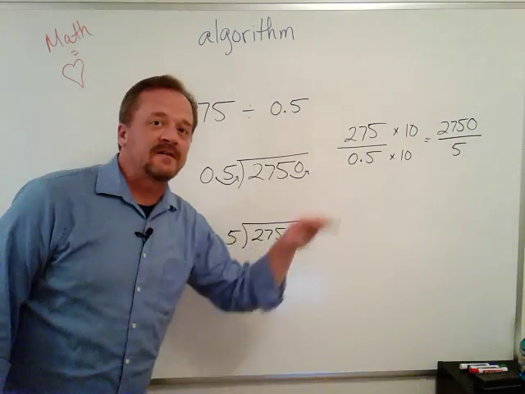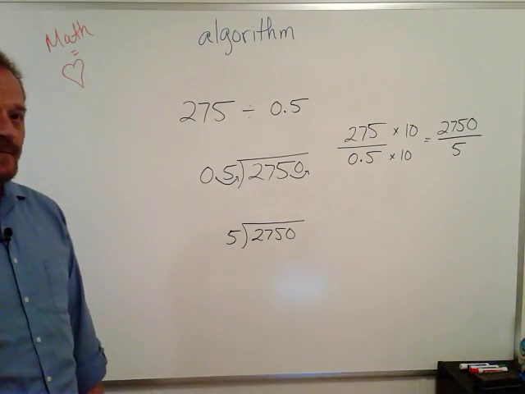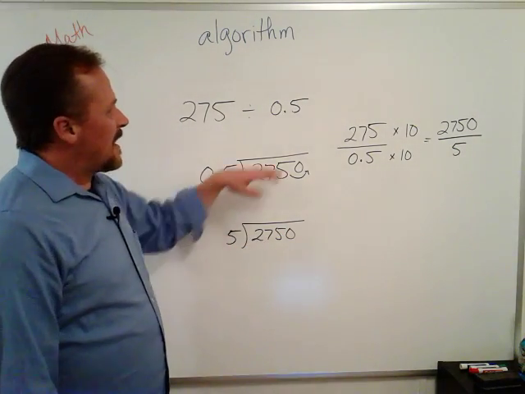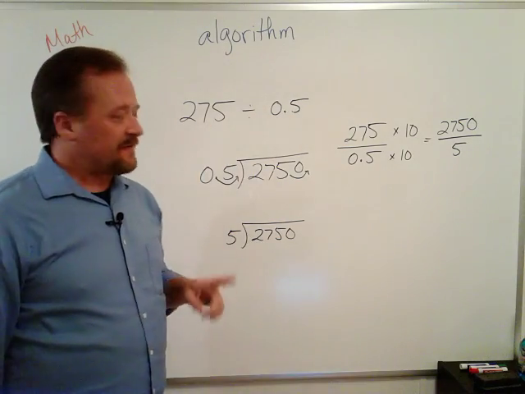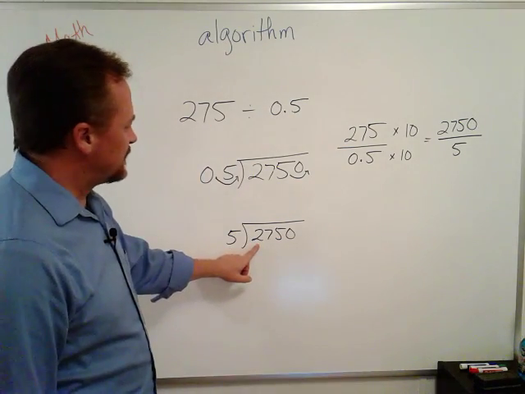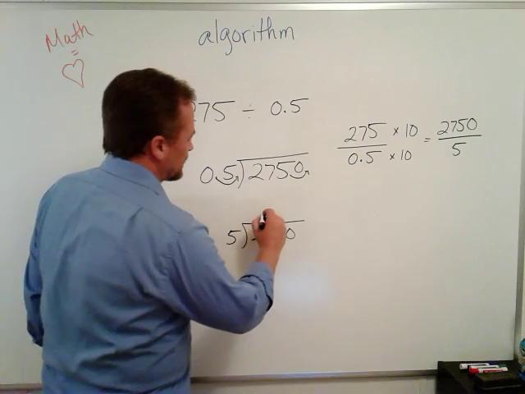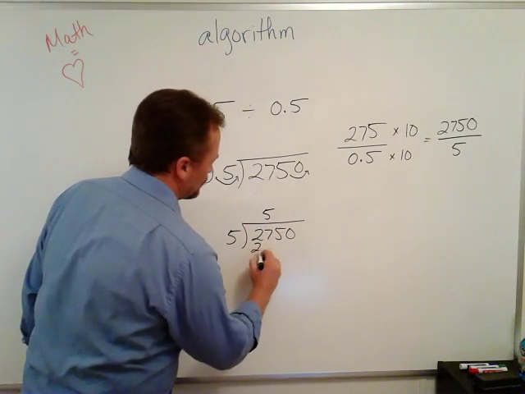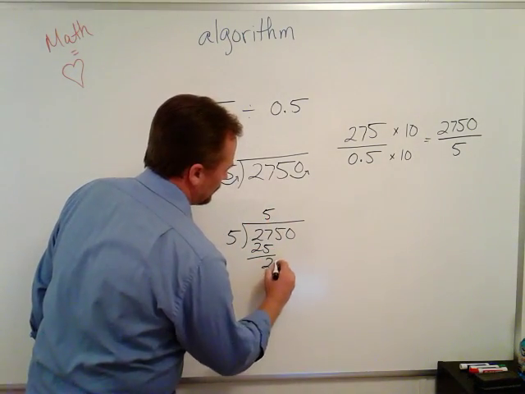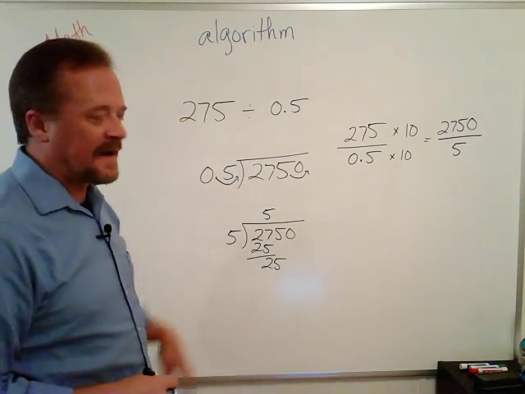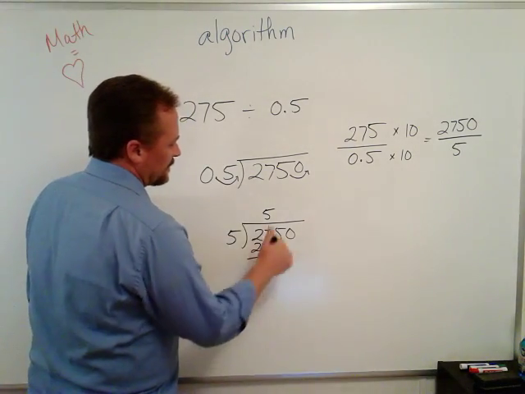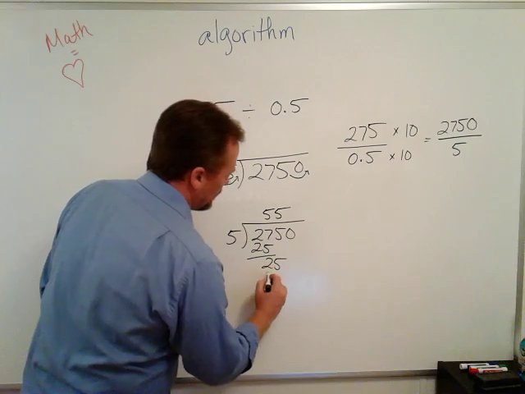And now it's just straight division, right? Let's figure out how many times a half goes into 275. 5 doesn't go into 2, but it does go into 27 5 times. We've already done this, so I can go a little faster, I think. 5 goes into 25, also 5 times.